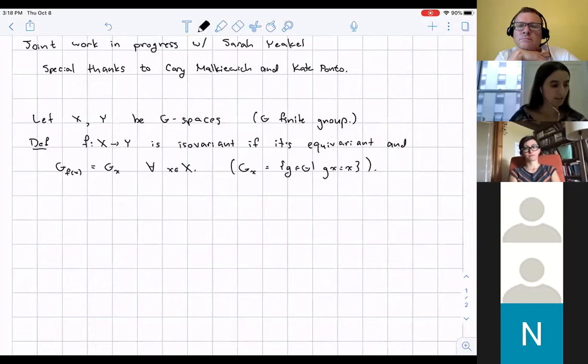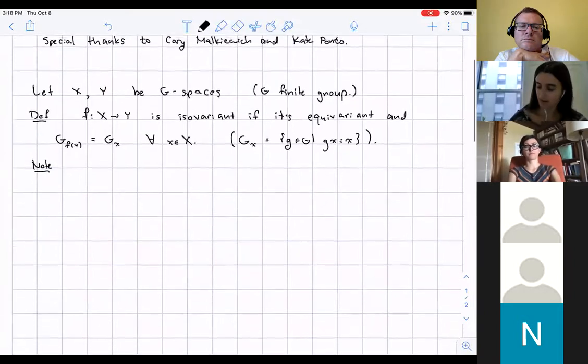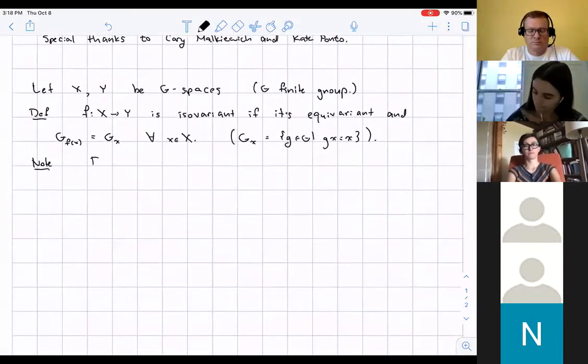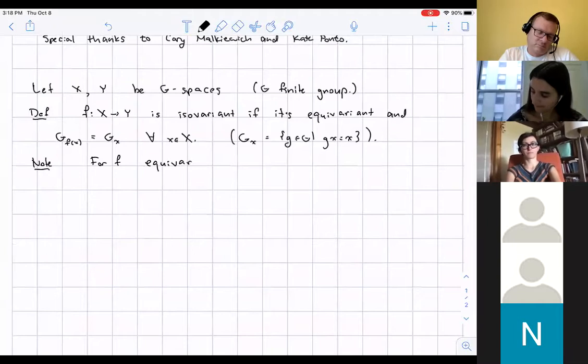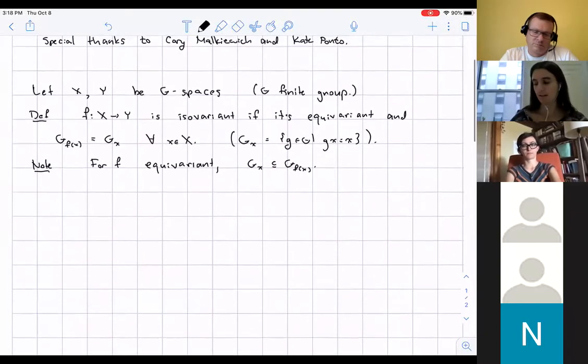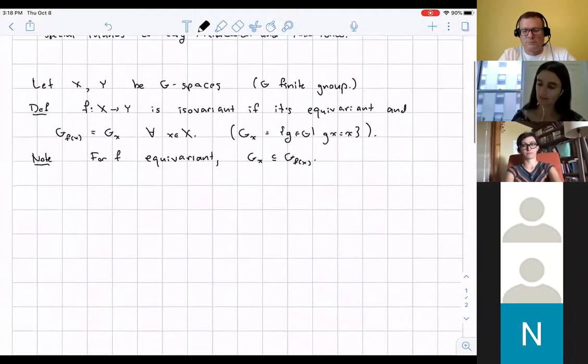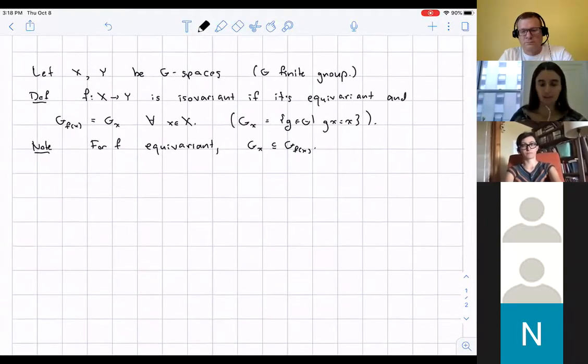All right. So just a note about this definition: for f that's only equivariant, we only know that G_x is contained in G_f(x). So just an equivariant map might increase the isotropy groups. Okay, so here are some examples of isovariant maps.